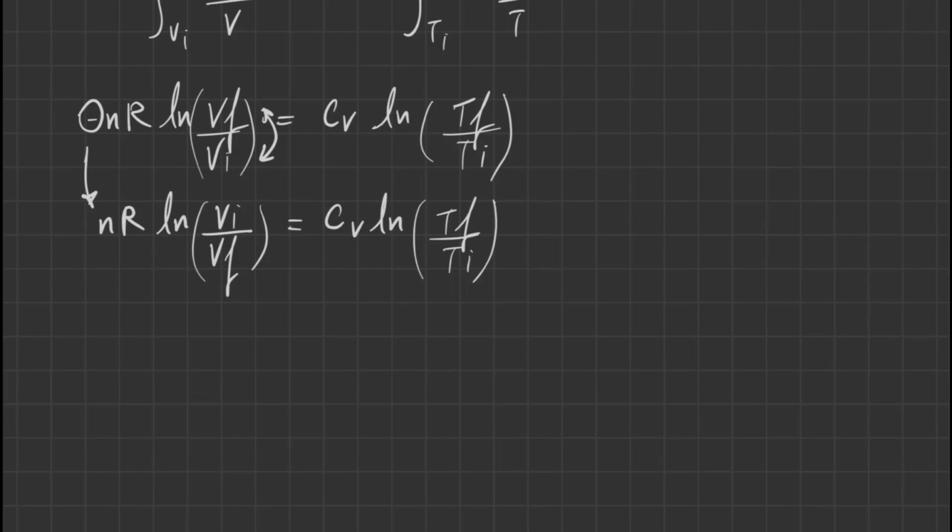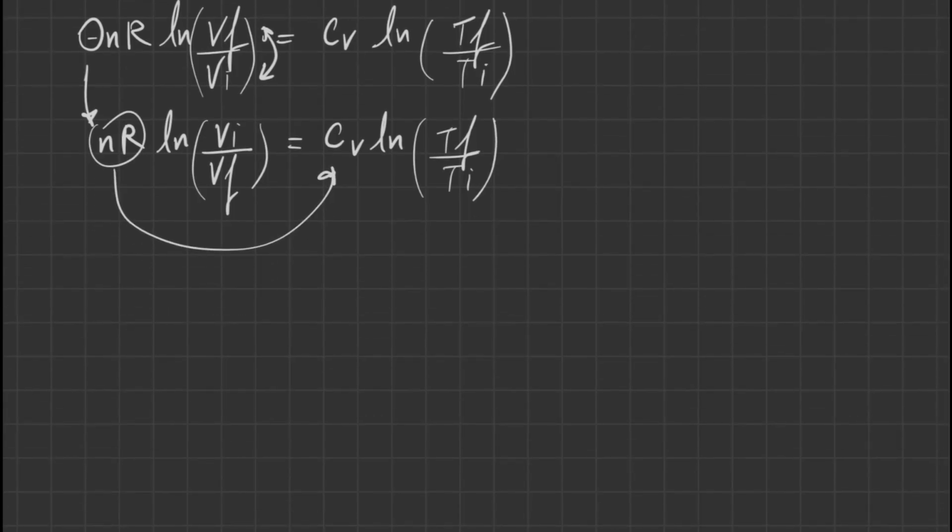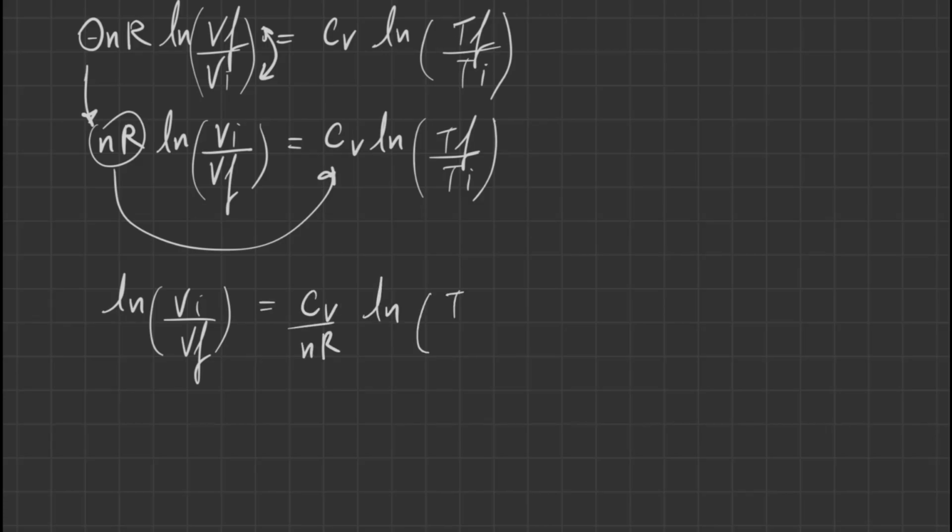Now we essentially want to simplify the constants. So I'm going to move this nR over to the CV side, and now we are left with natural log of initial volume over final volume is equal to CV over nR natural log final temperature over initial temperature.